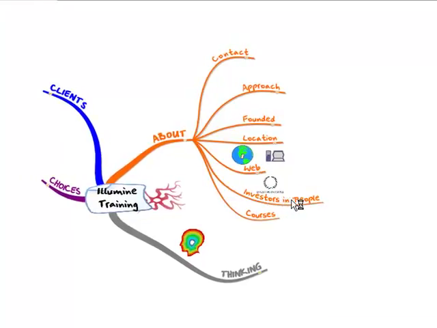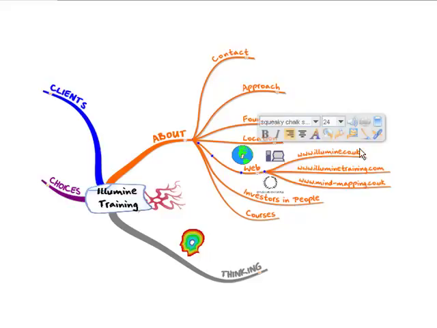So we've been accredited by Investors in People for several years now. We have a fairly wide web presence. We have our main website, illumin.co.uk. We have an international site, and we have a mind mapping specific site.